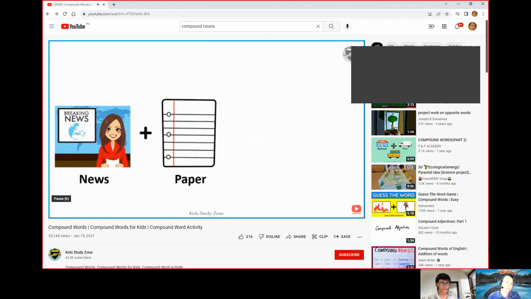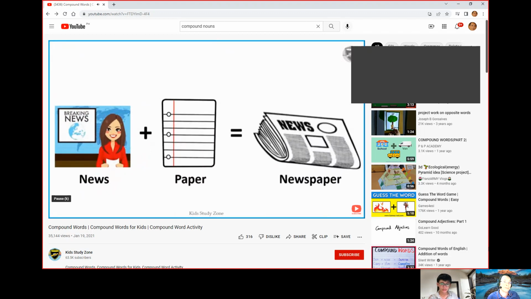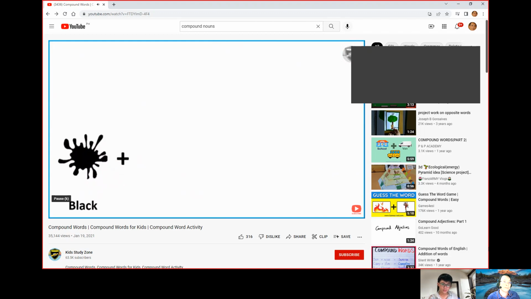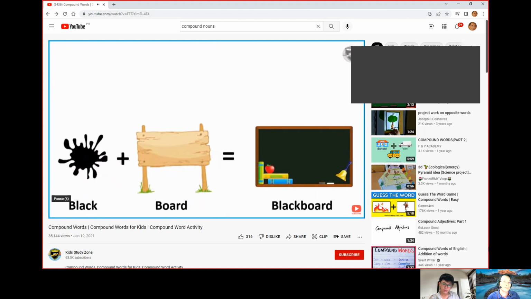News plus paper. We get newspaper. Black plus board. We get blackboard. So children, this way we learn compound words. Let us revise once again. Compound words are the words which we get when we join two words.